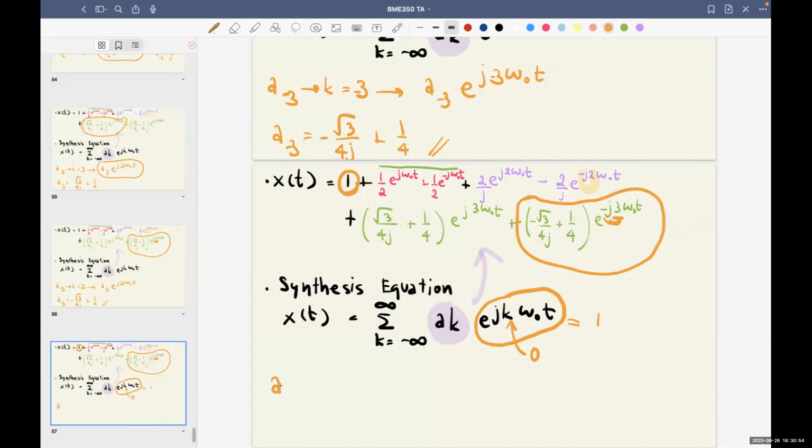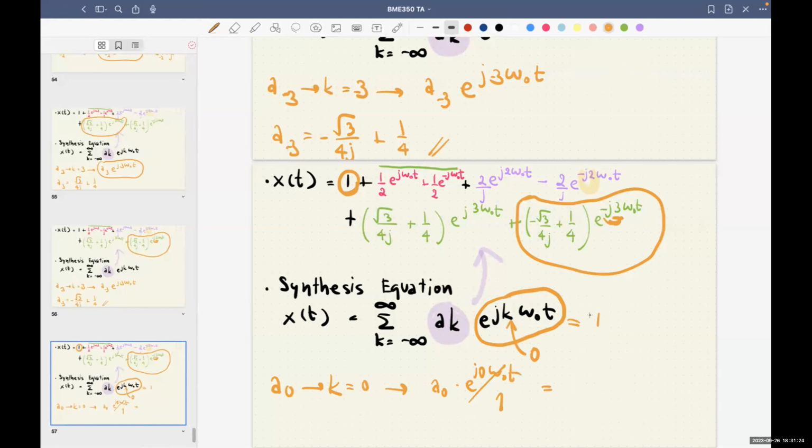Therefore, we're going to start by finding A0, which means our K is 0. And therefore, some part of x(t) is going to be A0 times e to the j0 omega naught t, which is 1.